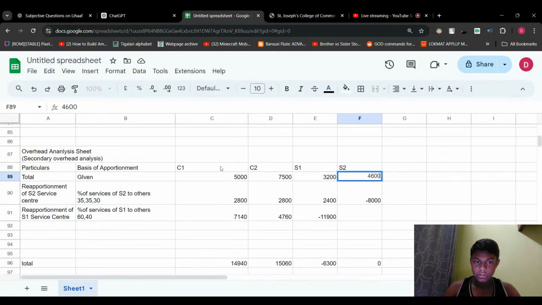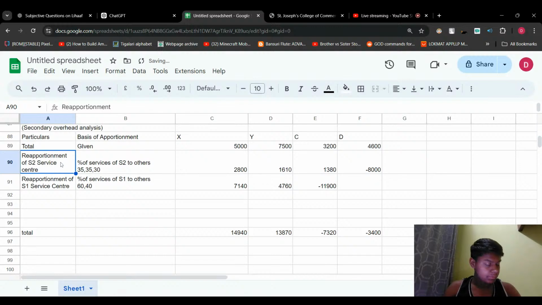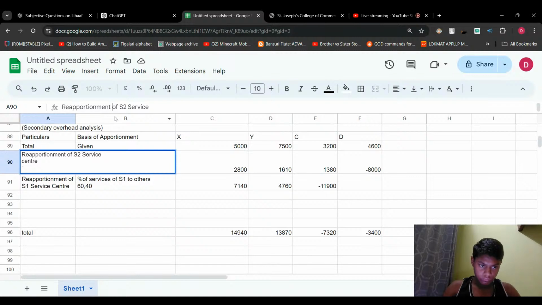Manufacturing X, Y, C, D. Reapportionment of service center, C service center.